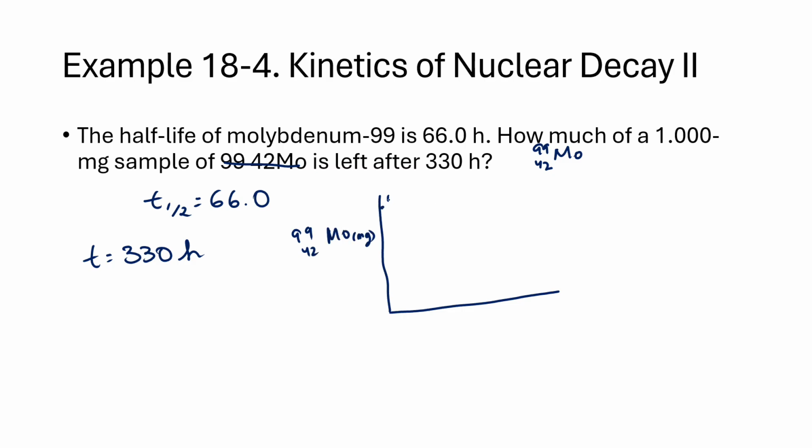We have 1,000 milligrams. After 66 hours, that is your time in hours, this one is 0.5 milligrams because it's your half-life. That's after one half-life, and it goes below. Again, the gap is 66.